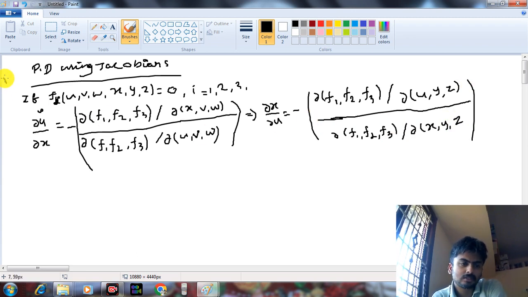So this is an important note under partial derivatives using Jacobian.